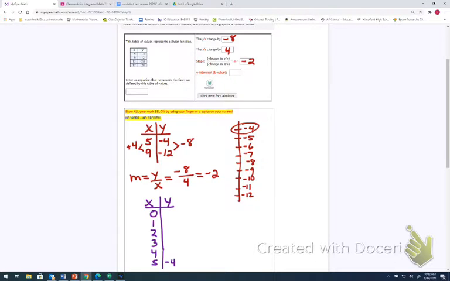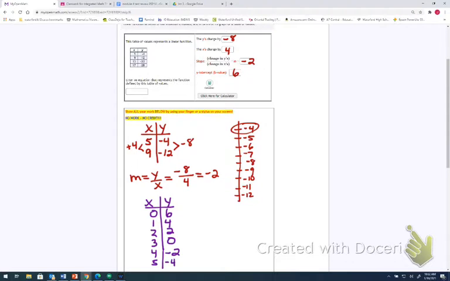So negative 4 plus 2. 4 negatives plus 2 positives is 2 negatives. Negative 2 plus 2, 2 negatives plus 2 positives is 0. 0 plus 2 is 2, 2 plus 2 is 4, 4 plus 2 is 6. So my y-intercept, my b, is 6.